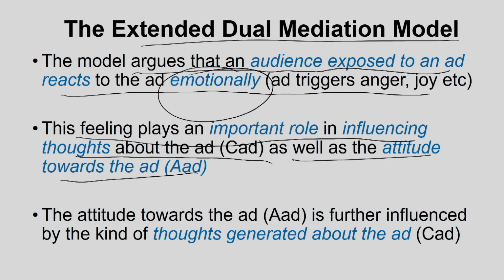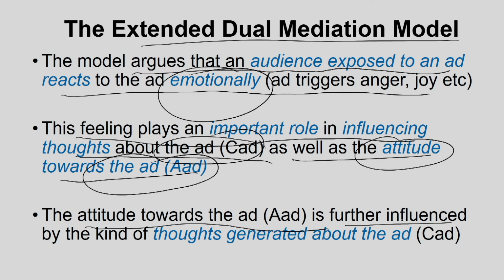Now, as you see an ad which invigorates you, which emotionally captures you in some way, you start feeling something about that ad, and then you start believing or gathering some knowledge about that ad and develop a particular feeling about that ad. So, that ad which is emotionally connected you in some way, that will lead to thoughts about the ad, which will further lead to attitude towards the ad. Further on, the attitude towards the ad is further influenced by the kind of thoughts generated about the ad.